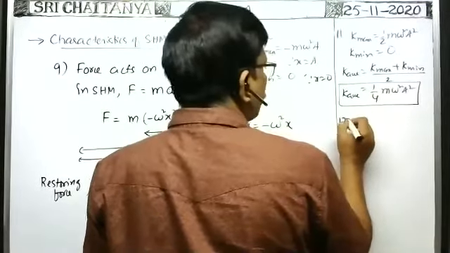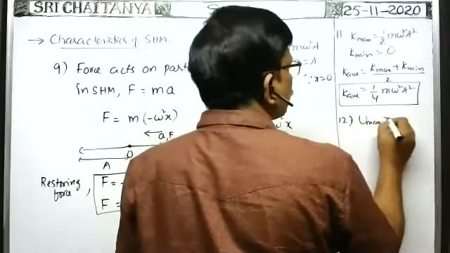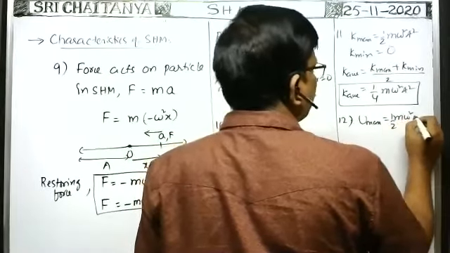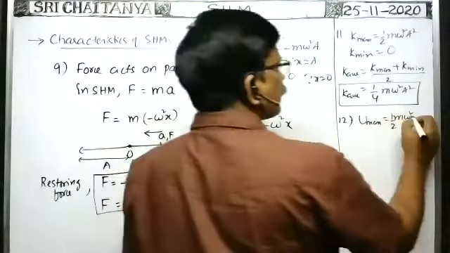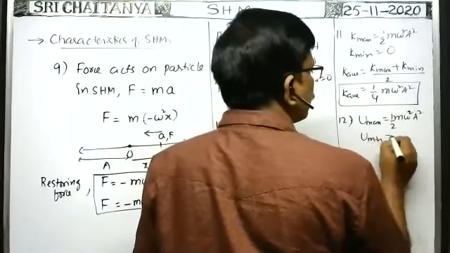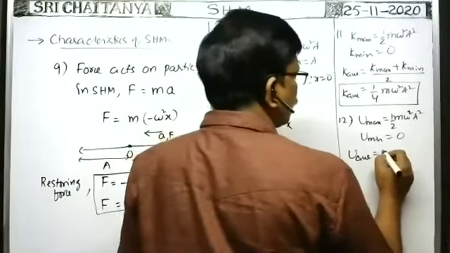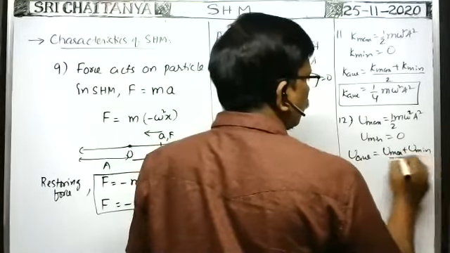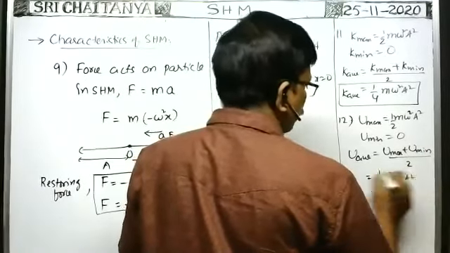Similarly, average potential energy. Maximum potential energy is equal to half m omega square. The general formula is half m omega square x square. Maximum means that x is equal to maximum, that is amplitude square. Minimum potential energy is equal to 0. Therefore, the average potential energy of the particle in SHM is equal to U max plus U minimum by 2. Here also you will get 1 by 4 m omega square into a square.